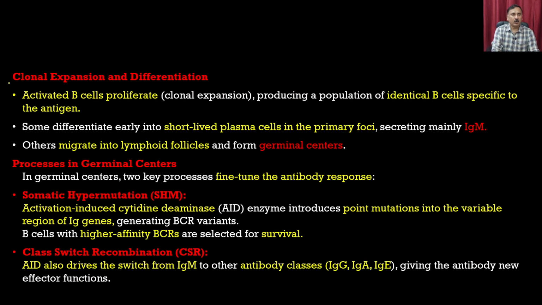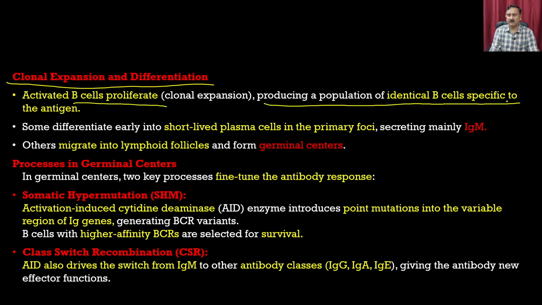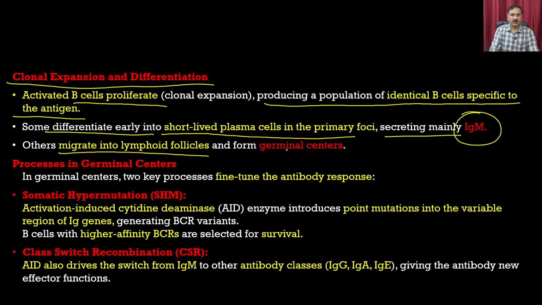Then we have clonal expansion. The activated B cell proliferates, producing a population of identical B cells specific to the antigen. Some differentiate early into short-lived plasma cells in the primary foci, secreting IgM, and others migrate into the lymphoid follicles and form the germinal centers.